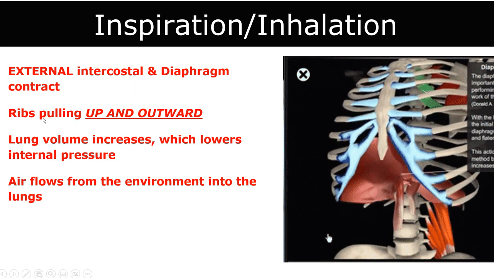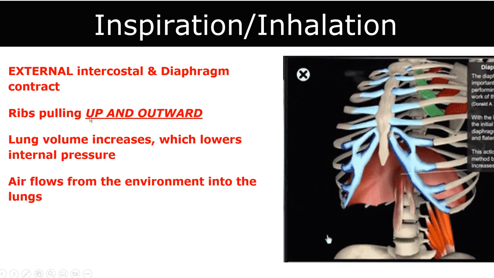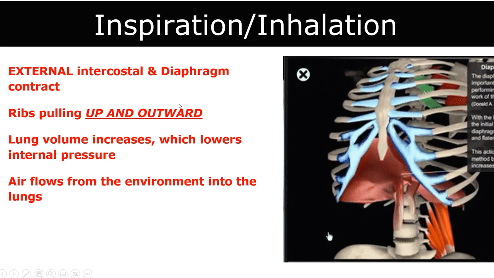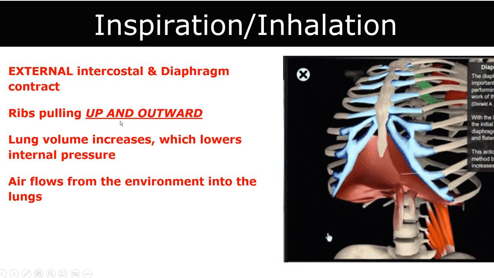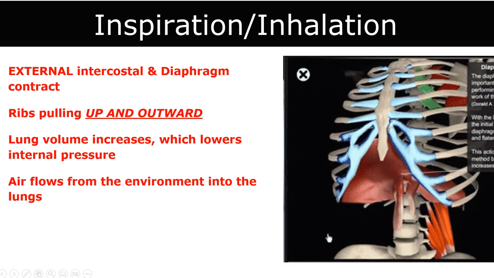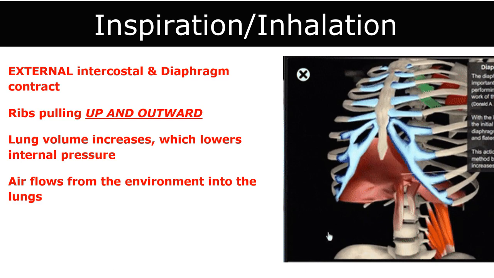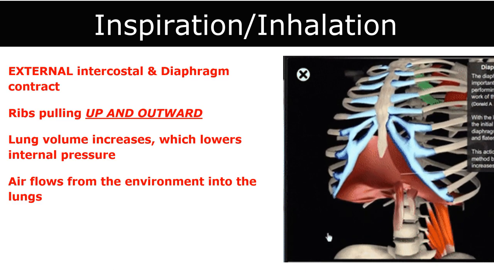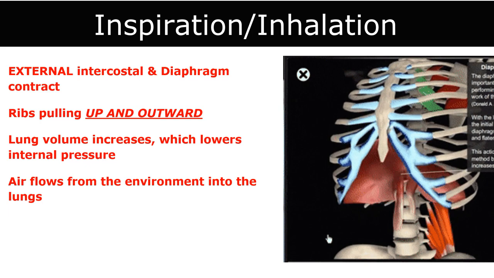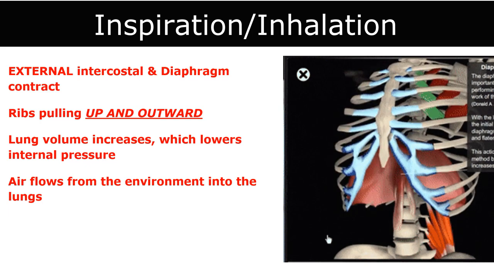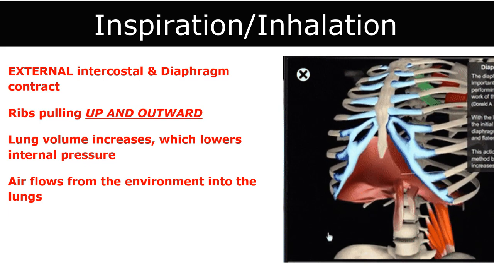What is also happening is that your ribs are pulling up and outward. You can test this yourself: put your hands on your ribs and take a really deep breath in. You're going to feel that your ribs are moving up and out when you're inhaling, when you're doing inspiration.